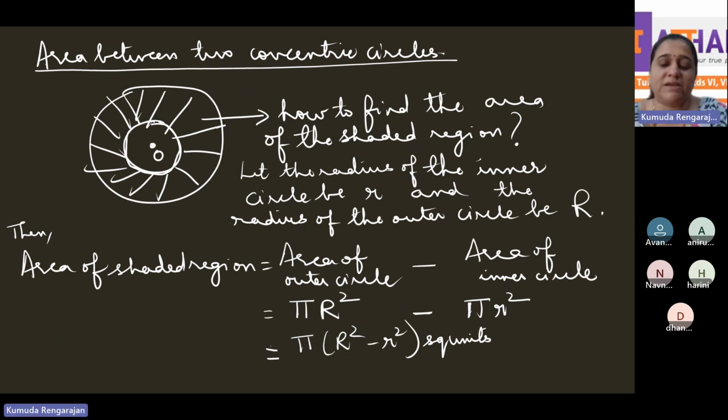Area of outer circle minus area of inner circle: pi R square minus pi r square. So pi common, capital R square minus small r square. This is the formula.